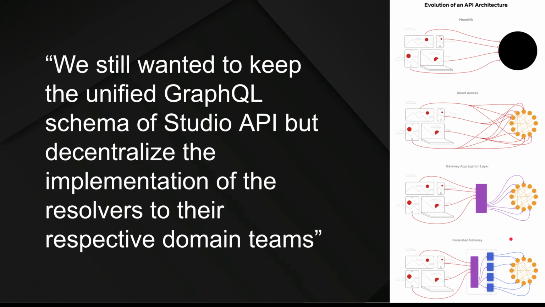And they have another diagram on their blog which shows this better, and we're going to see that in a few seconds. But the benefit of this is that all the gateway needs to know is where the schema is and where the resolver is.